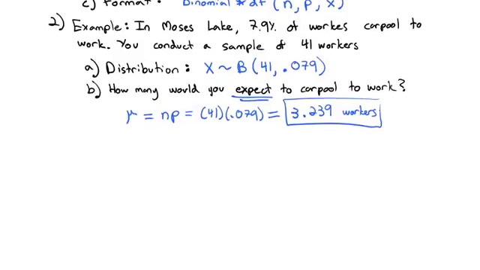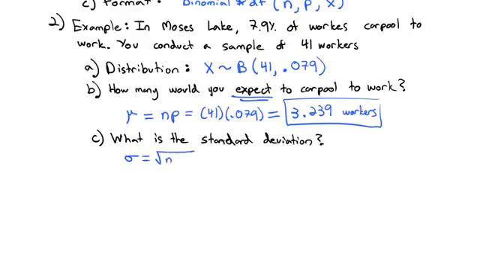Let's scroll up. We'll come back to the calculator strokes in a minute. What is the standard deviation of our population? Well, we have our formula for the standard deviation. It's the square root of npq. So we'll take the square root of n, the number of trials, which is 41, times p, the probability, 0.079, times q.